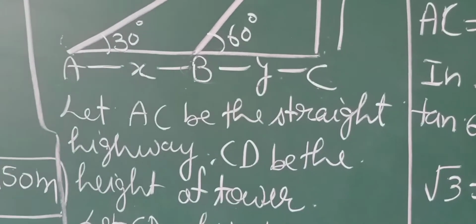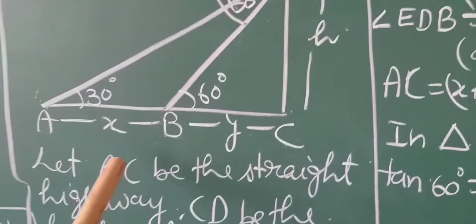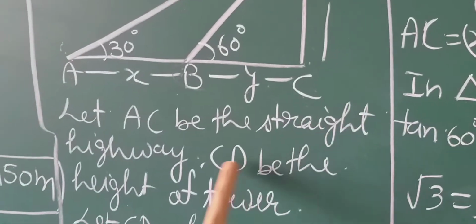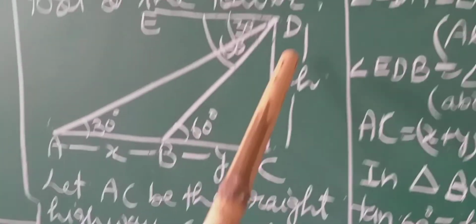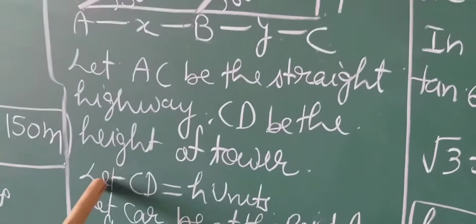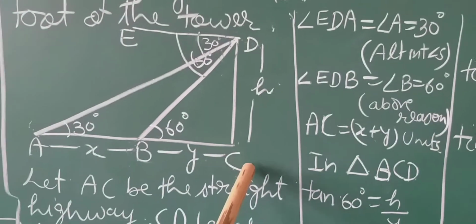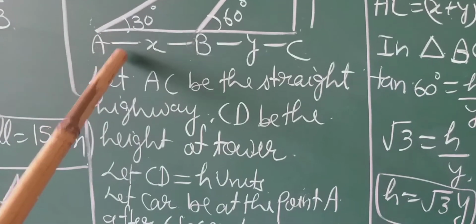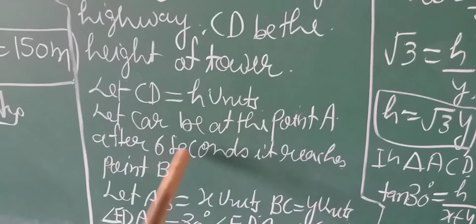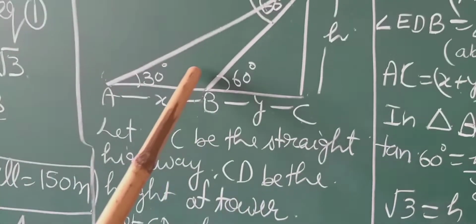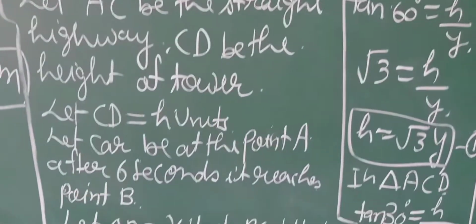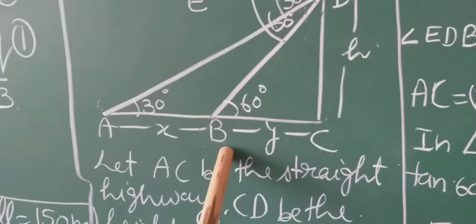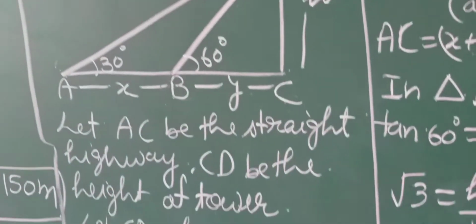Okay, so let us write all the information. Let AC be the state highway, CD be the height of the tower, let CD equal H unit, let the car be at point A, after 6 seconds it reaches point B. Let AB equal X unit and BC equal Y unit.